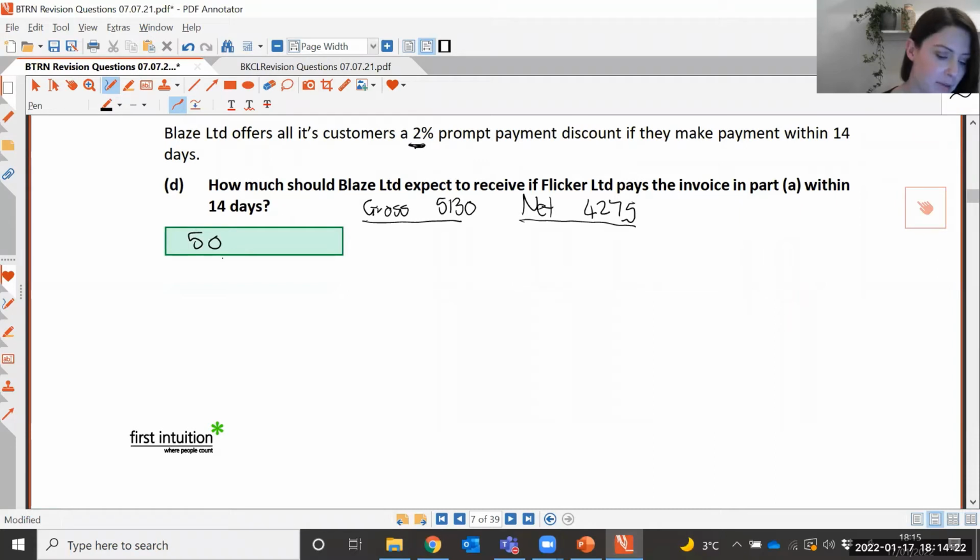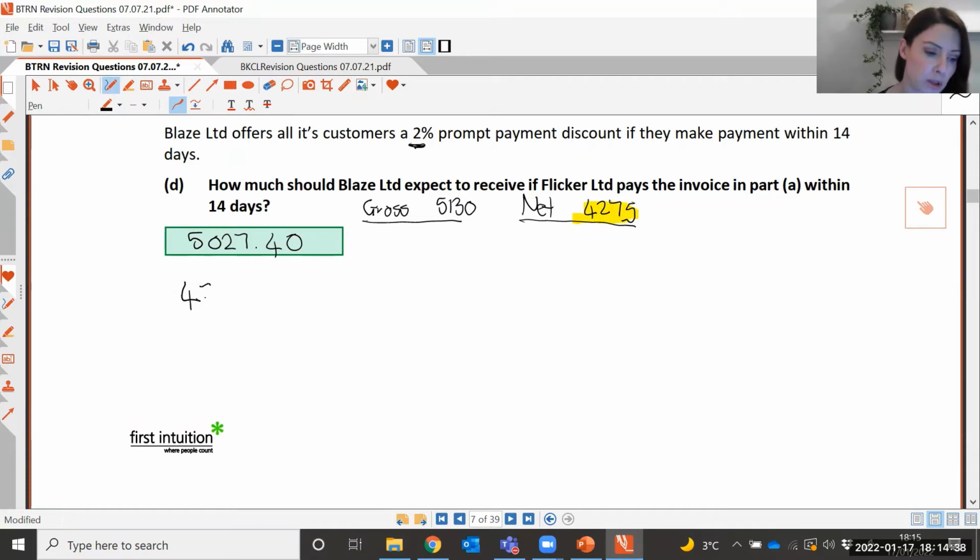Yeah, good. So 5,027.40. So for anyone who isn't quite sure, when you work out a prompt payment discount, you would always calculate it on the net amount.